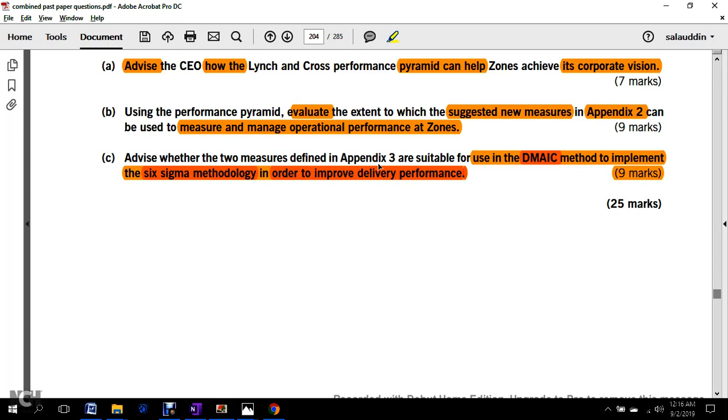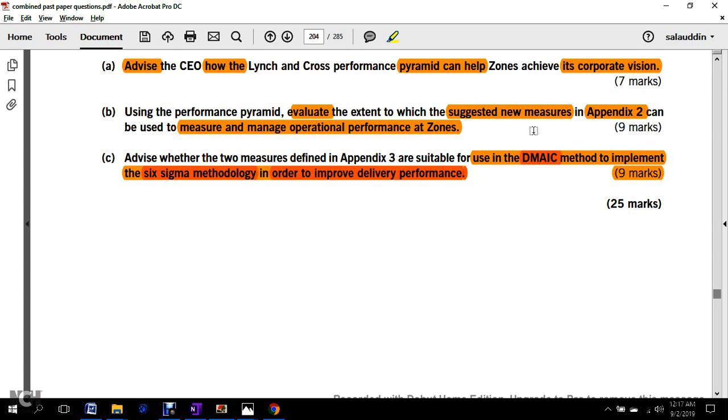Then measure. We will measure what is our current performance and how we are performing. Then we need to collect data, and then we have to analyze the data. Why will we analyze this data? A stands for analyze. We will analyze data for defining the root cause. Then I stands for improve. We will try to improve our current performance because we have identified the root cause.